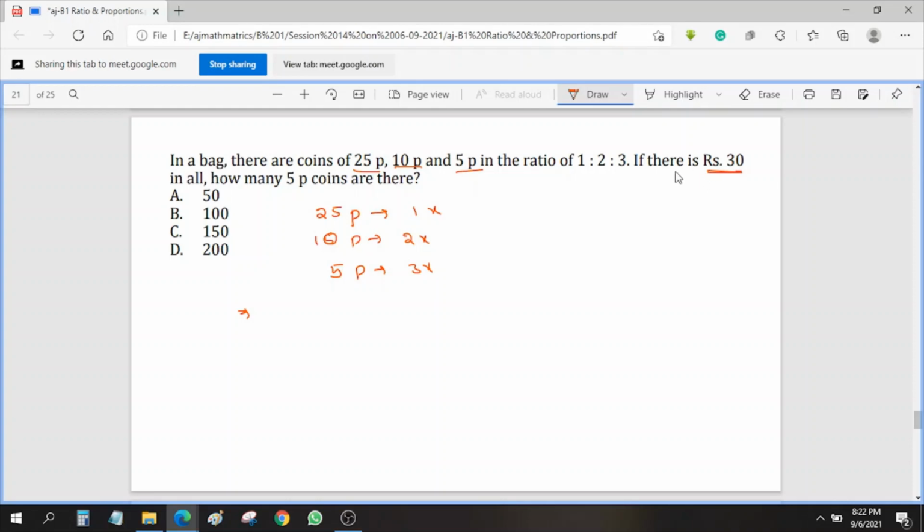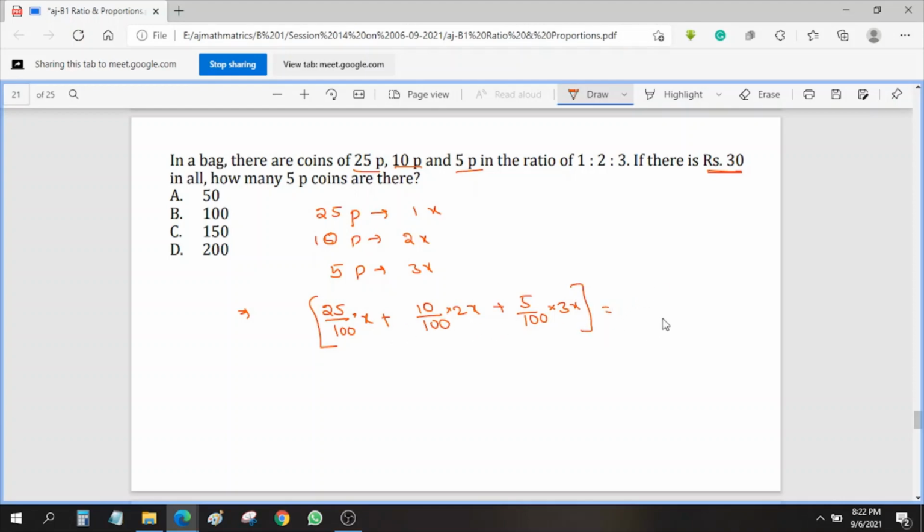So 25 paise coins, and here we have x number of them: 25 by 100 into x, plus 10 by 100 into 2x, plus 5 by 100 into 3x. Why am I dividing by 100? Because 1 rupee is 100 paise. I am just finding the total, how much it gives you.